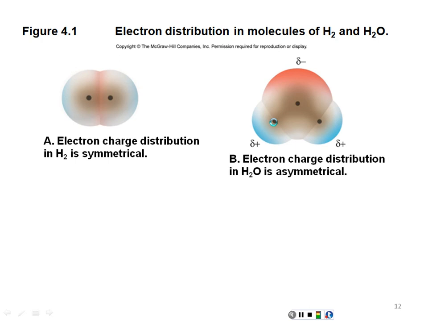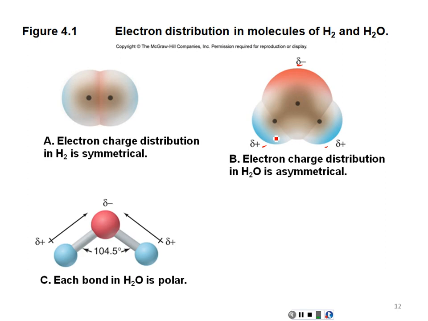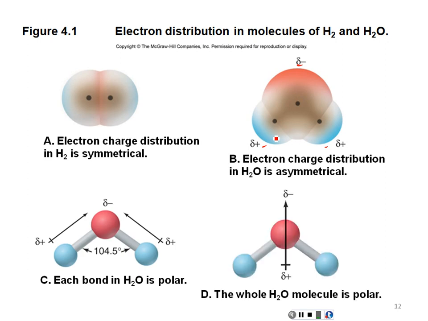But when we look at water, we see that charge distribution is asymmetrical. There's a partial negative charge near the oxygen and partial positive charges near hydrogen. That leads to dipoles, bond dipoles, and because of the bent geometry, water has a net dipole shown here.